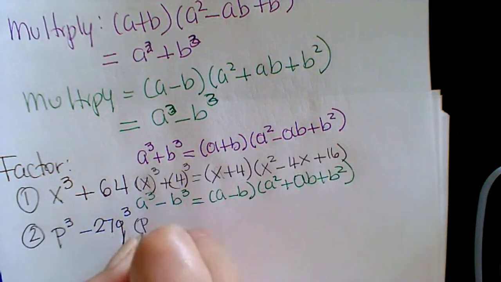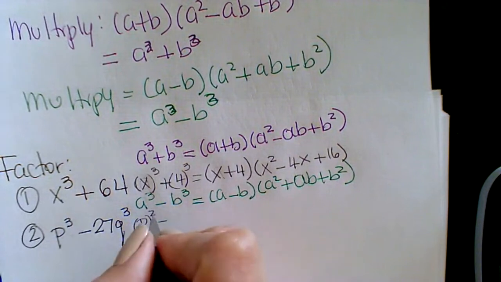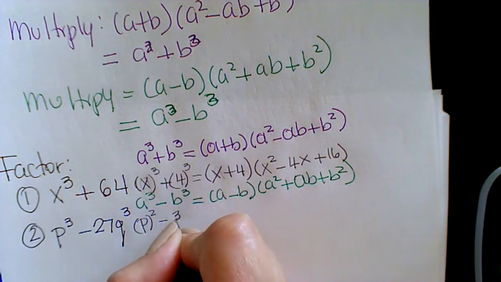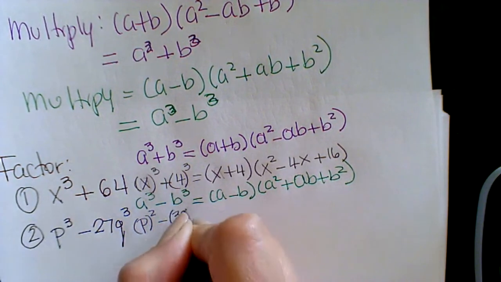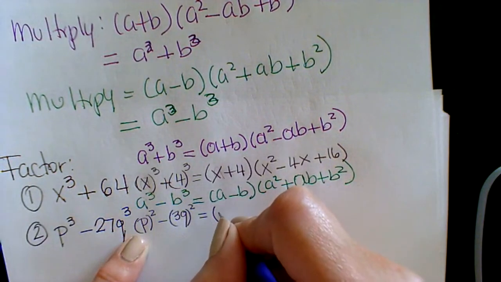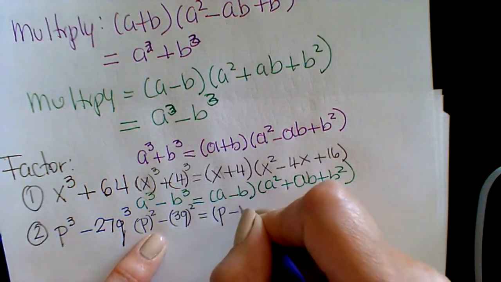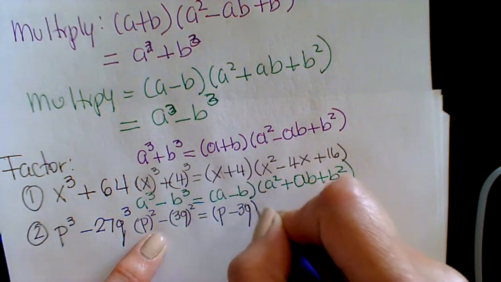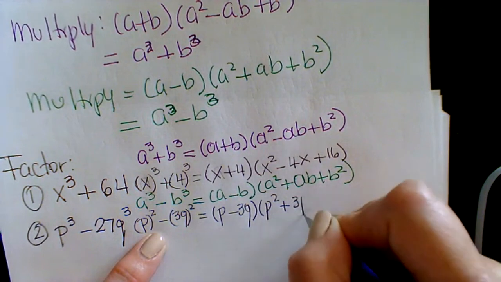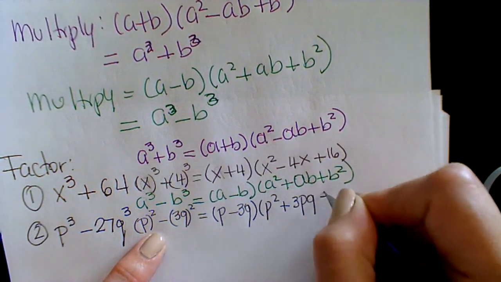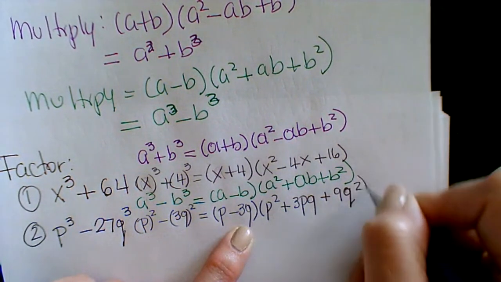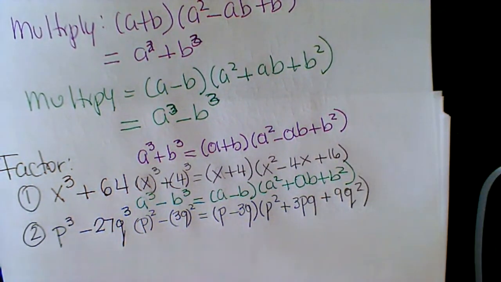So this is going to be p to the third power minus 27, and 27 will be what? 3q to the third power. So this one is going to be p minus 3q times p squared plus 3pq plus 9q squared. Okay?